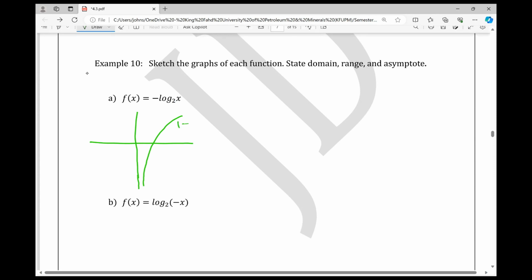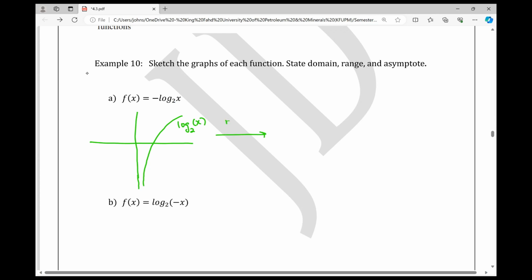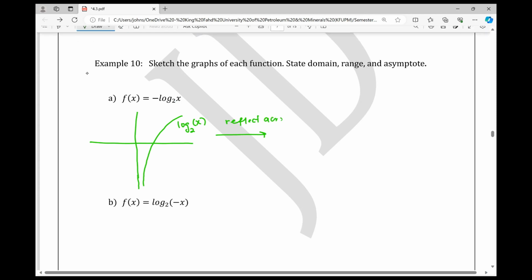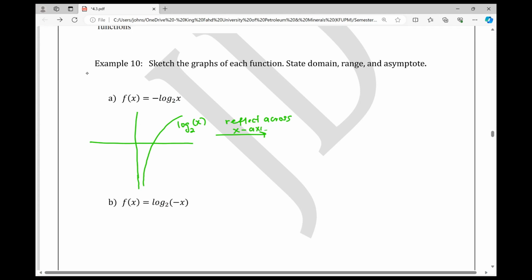So this is log to base 2 of x. Then you can now reflect across the x-axis. If you reflect across the x-axis, what do you get?